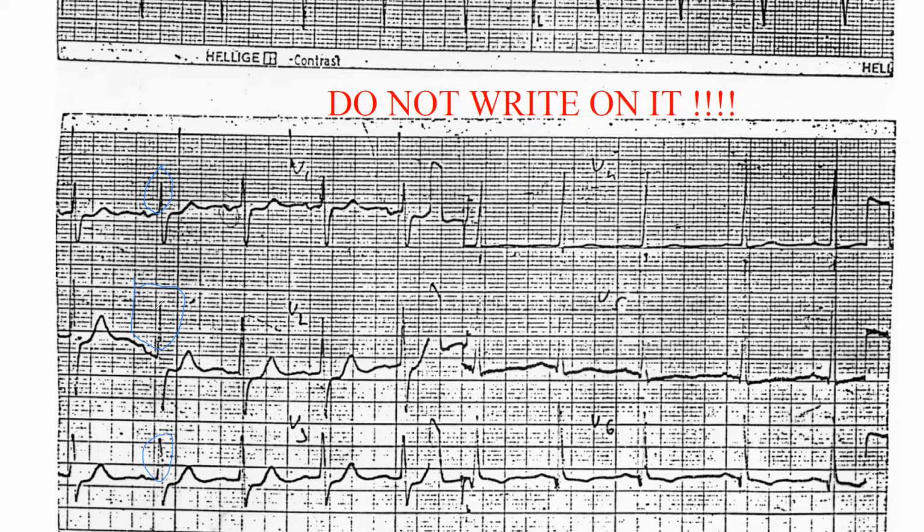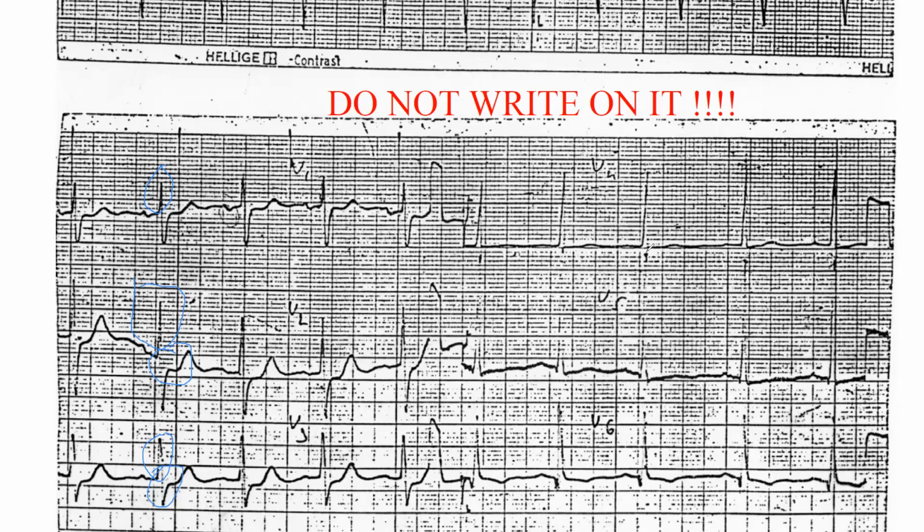So we have prominent R waves, plus ST depression. Yes, can you see it? It indicates that we do have an acute infero-posterior myocardial infarction.